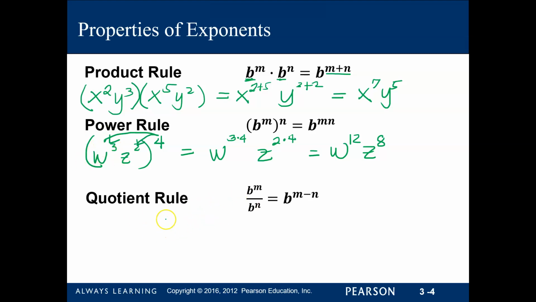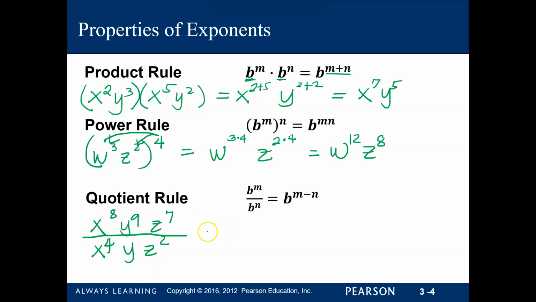The quotient rule: as you can see, with the product rule we added the exponents. When we have a quotient, again if they have the same base, what we need to do now is subtract the exponents. Let's say we have x to the 8th, y to the 9th, z to the 7th, divided by, let's say, x to the 4th, y, and then z to the 2nd.